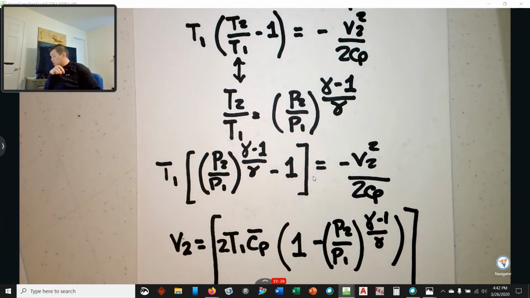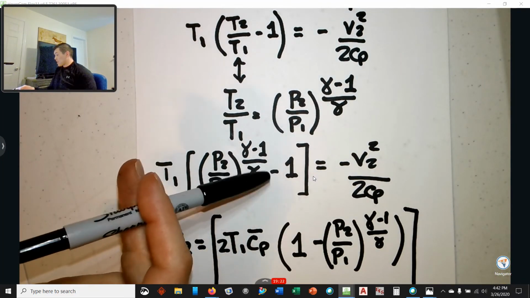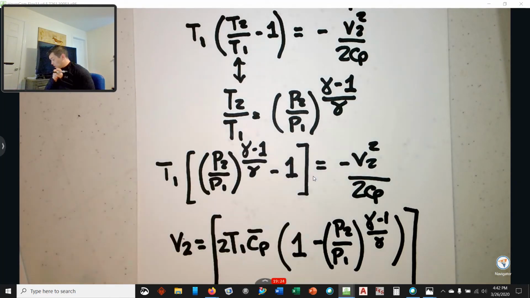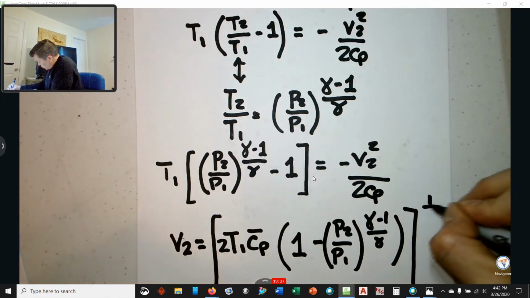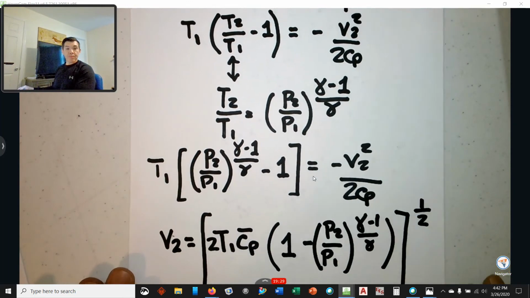I do believe that'll work out if we flip the sign here. We can get rid of the negative on the V2, and then this should be to the 1/2 power.